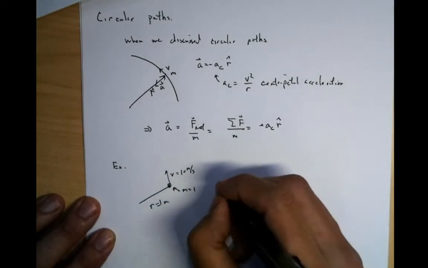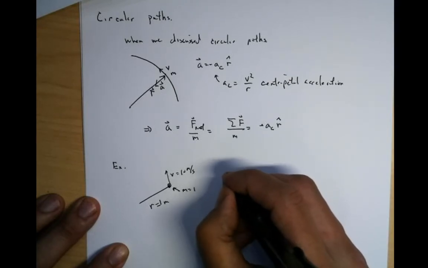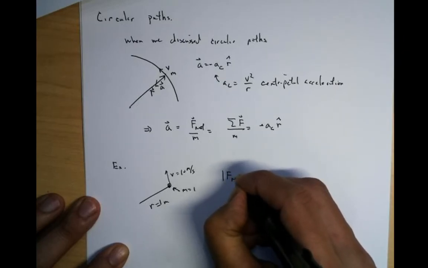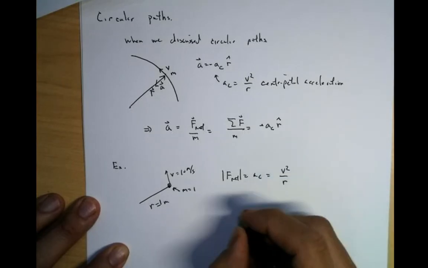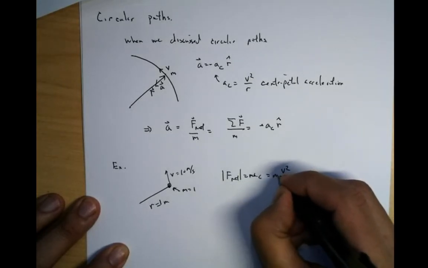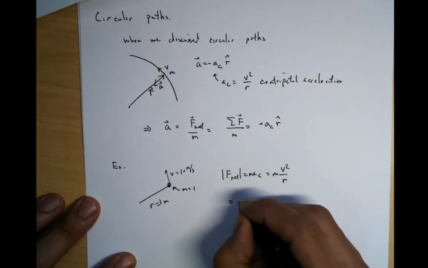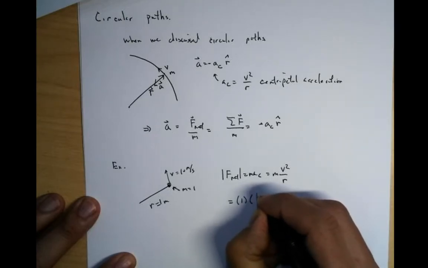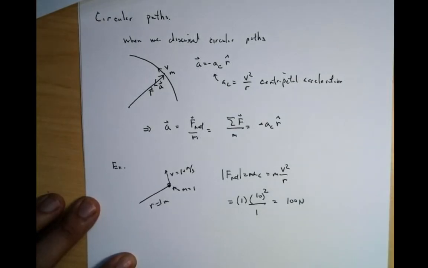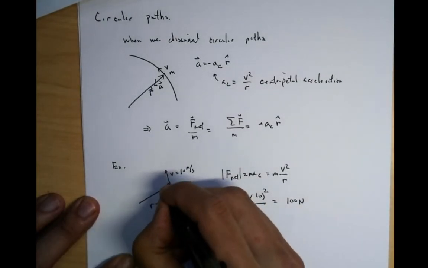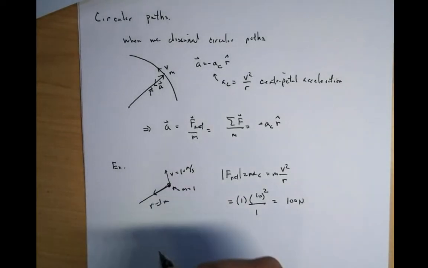So in that case, we know that the magnitude of the net force is equal to m AC, which is m v squared over r. So let's figure out the magnitude of the net force. It's going to be 1 times 10 squared over 1, 100 newtons. And which direction is it? It's pointing in towards the center of the circle. It has to be. So that's the first one.